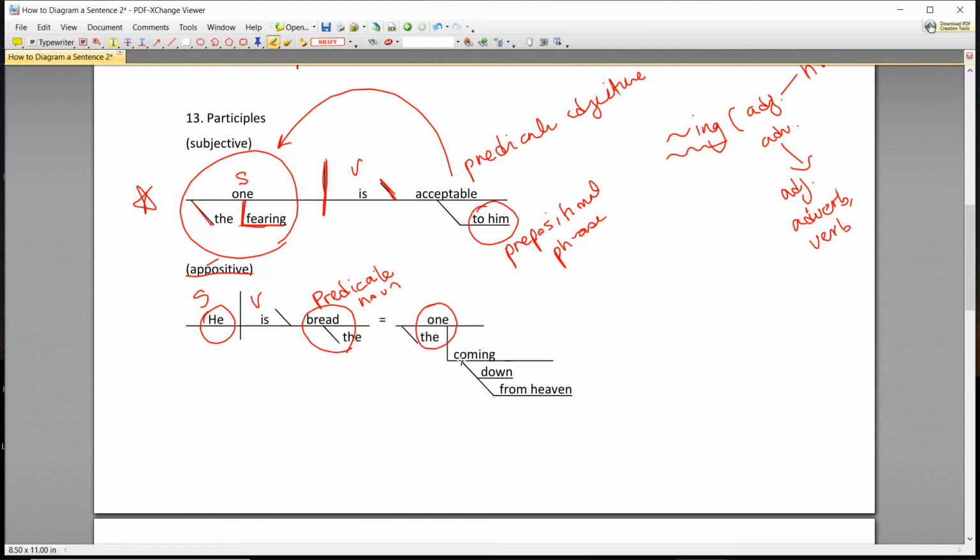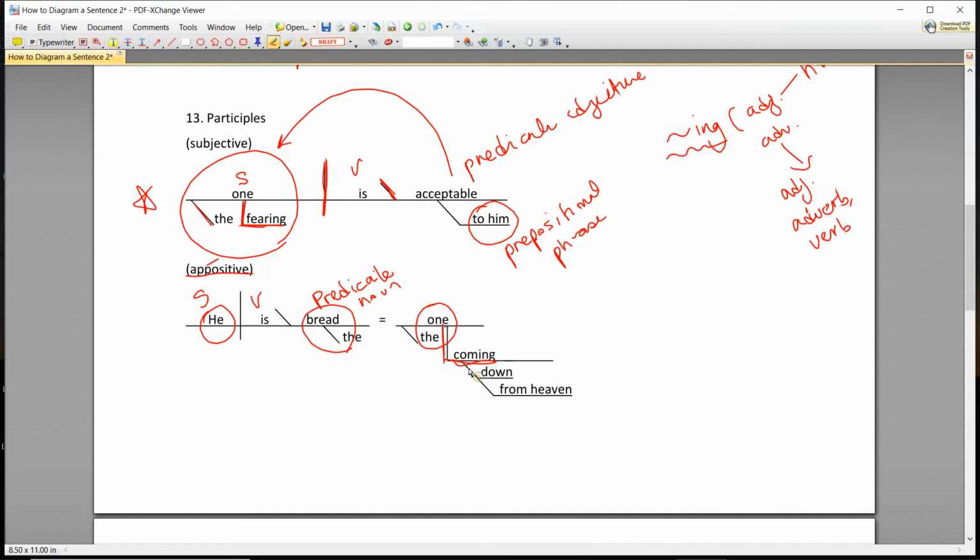Again here, the participle is coming. Who's coming? The one is coming, right? So the coming is modifying the one. So you draw a line, coming, and then down. Down is the adverb, coming down. So down is modifying coming.